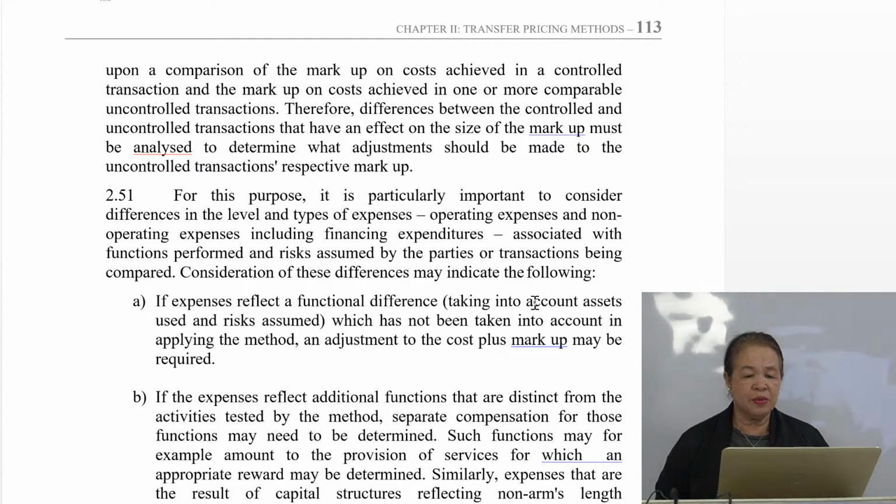Therefore, differences between the controlled and uncontrolled transactions that have an effect on the size of the markup must be analyzed to determine what adjustments should be made to the uncontrolled transaction respective markup. No? So for this purpose, it is particularly important to consider differences in the level and type of expenses.